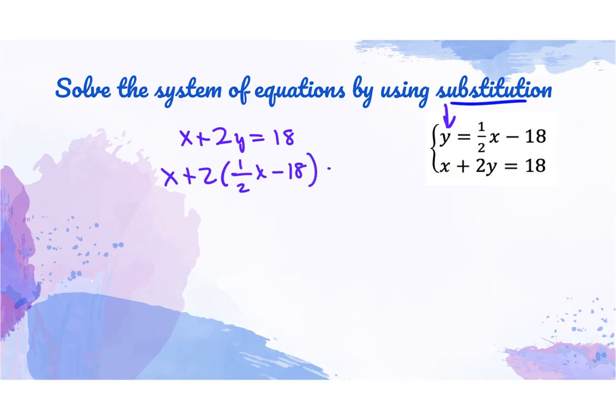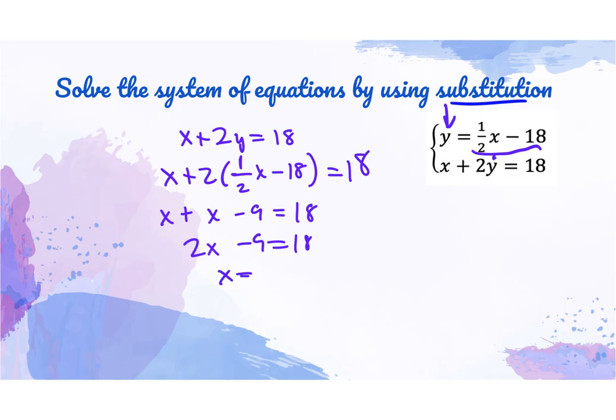I'm substituting this whole thing in for y because it equals y. So that's going to be 2x minus 9 equals 18. So x equals, 2x equals 27.